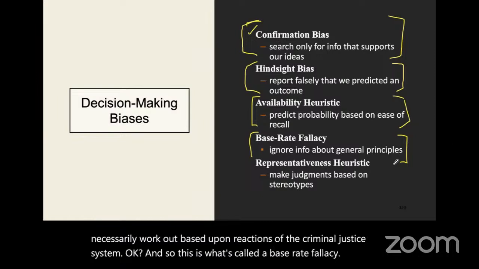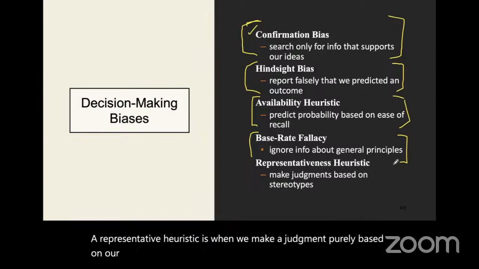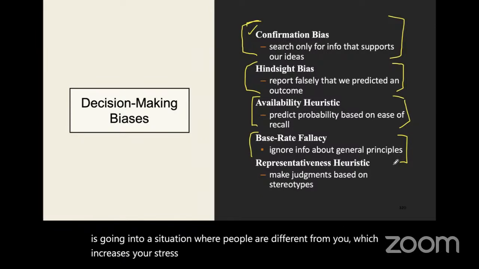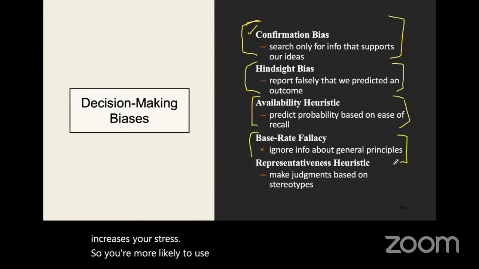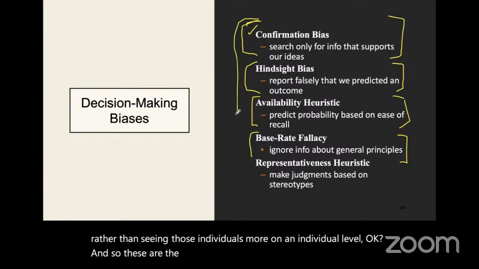A representative heuristic is when we make a judgment purely based on our stereotypes of a given group or a given situation, okay? So this is going into a situation where people are different from you, which increases your stress. So you're more likely to use your stereotype about those individuals rather than seeing those individuals more on an individual level, okay? And so these are the issues that can go wrong with our system one.